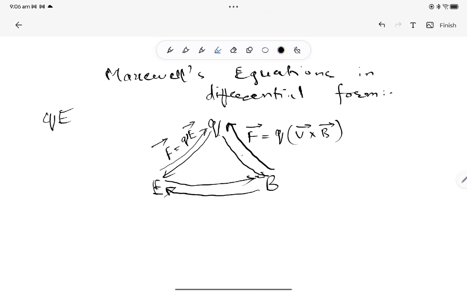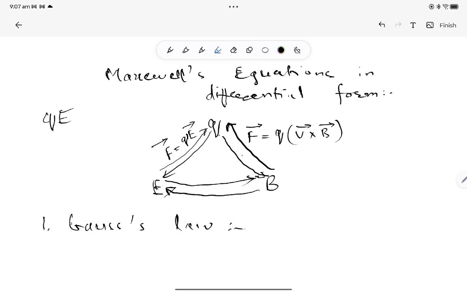Mathematics is the language of nature, and so let us go for that. First of all, we will take up the first law, Gauss's law of electromagnetism. Gauss's law.